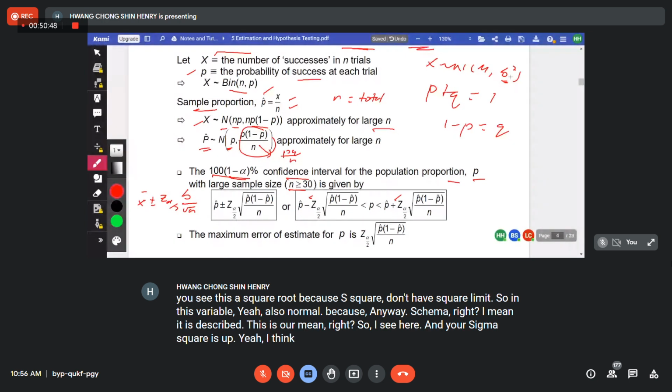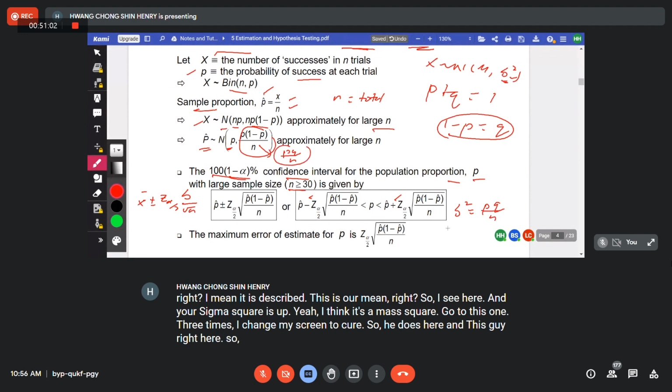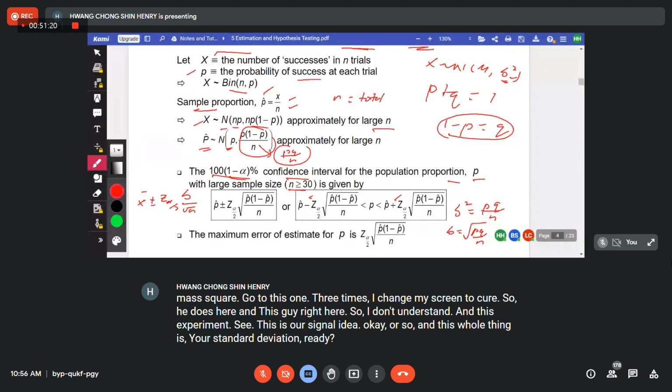I take this sigma square and go to this one: P times, I change this 1 minus P to Q, so P times Q over N. This is what I write here. I don't want the sigma, so I have to take the square root. This is your sigma, and this whole thing is your standard deviation already. For large numbers, approximately like that.